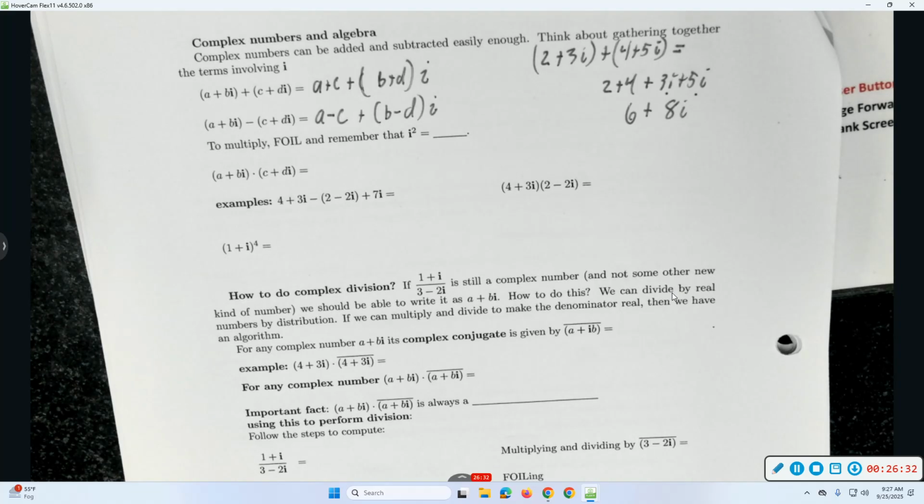Well, I see a sum times a sum. Whenever you see that, you should think about what the distributive law makes you do. So I guess the acronym is FOIL. Multiply the first terms, outside terms, inside terms, last terms, but the actual order doesn't matter as long as you do all four.